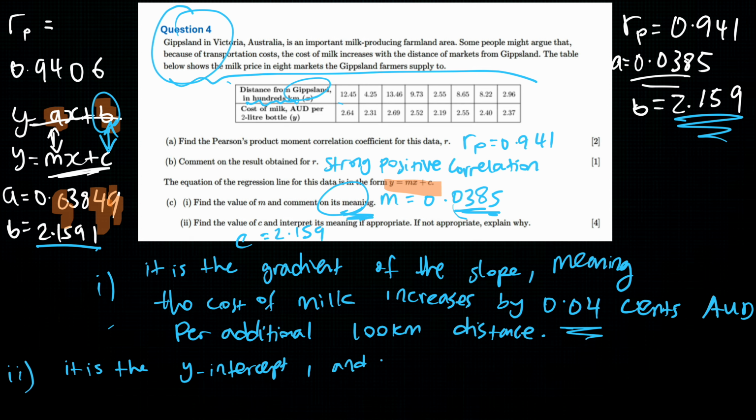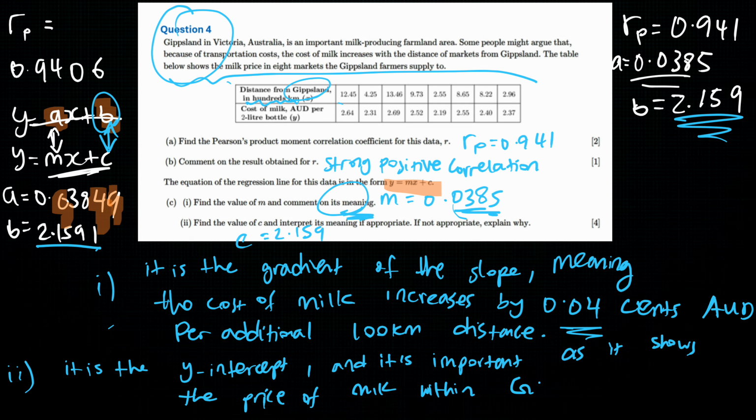So, it's important as it shows the price of milk within Gippsland, so distance equals 0, is 2.16 AUD per liter.